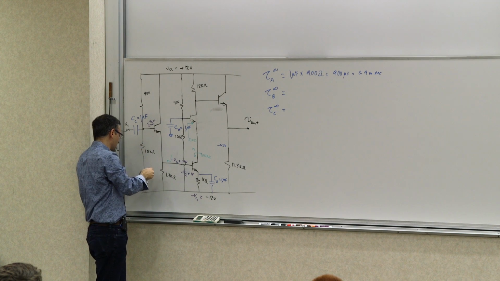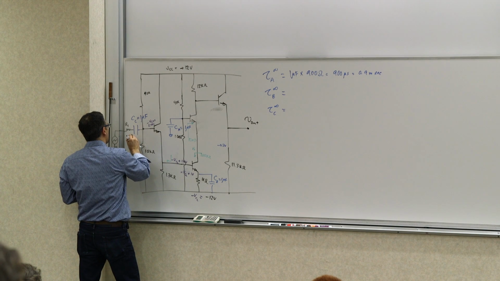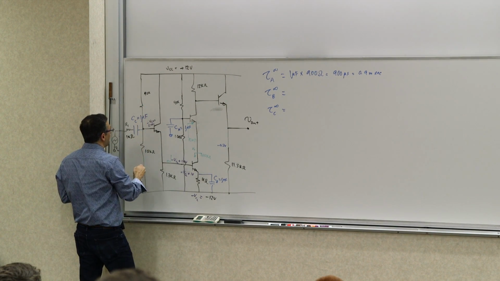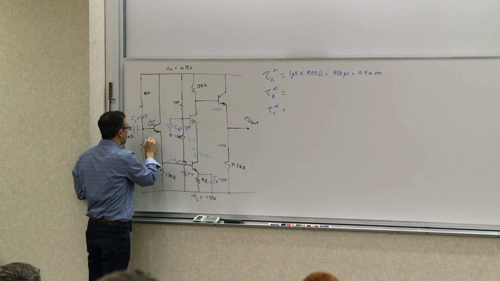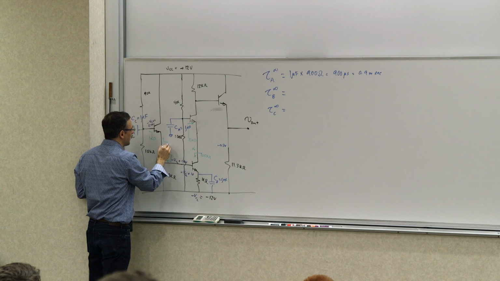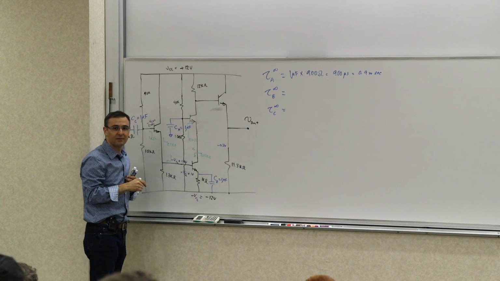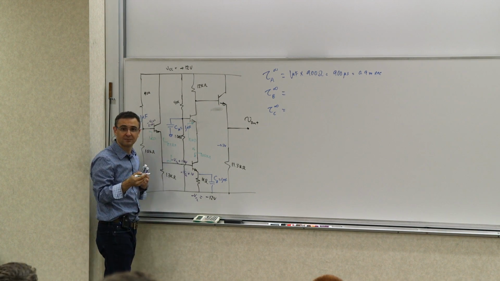So we said, I don't know, did we say this was 1 kilo ohm? If this was 1 kilo ohm, so it's 1 kilo ohm parallel 10 kilo ohm parallel 90 kilo ohm, it's 1 kilo ohm. Therefore, looking up here, you will see 25 ohms, which is Rm, plus 1 kilo ohm divided by 100, by beta.